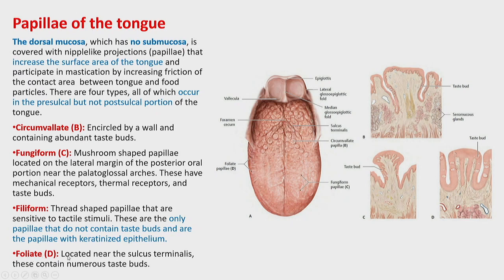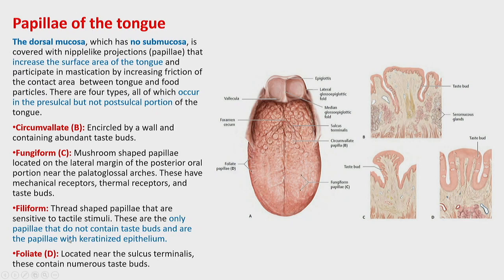The foliate is usually near the terminal sulcus, located in the margin and lateral aspect of the tongue, and as you see, it also has taste buds. The papilla that is the most numerous is the filiform papilla, which has a thread shape or conical shape, and you have it all over the dorsum of the anterior two-thirds of the tongue.